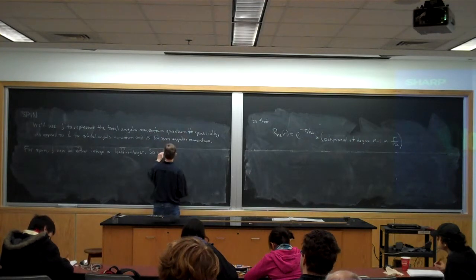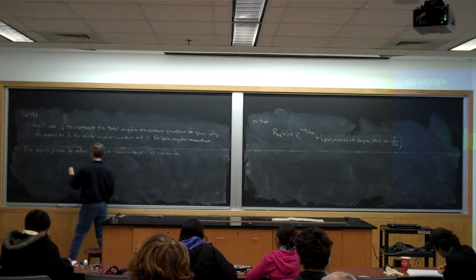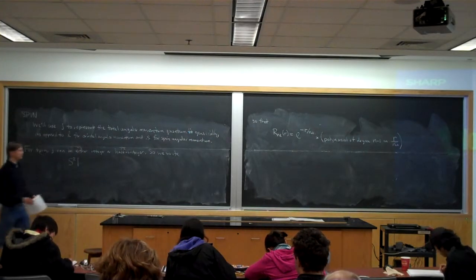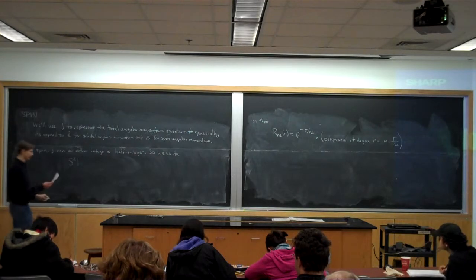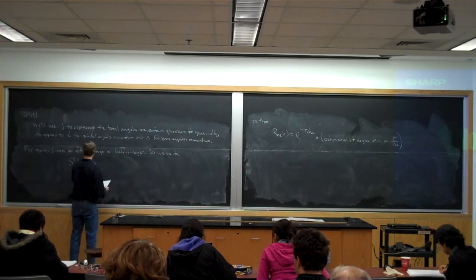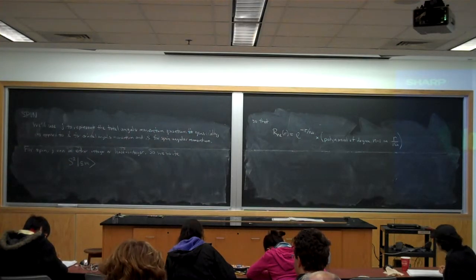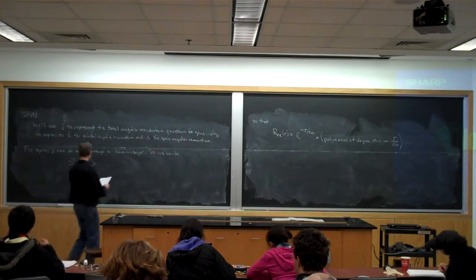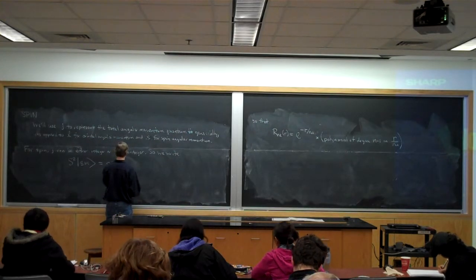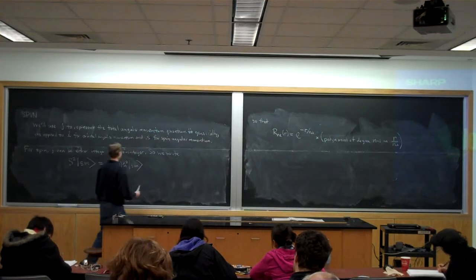So what we're going to do is write the following. We're going to write that the total spin angular momentum operator squared applied to a state which we'll label with s, m, two quantum numbers, is s(s plus 1) h bar squared times the state s, m.